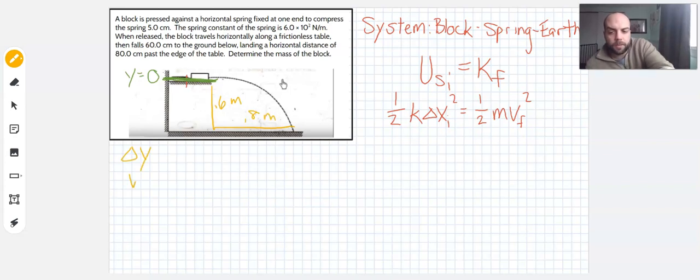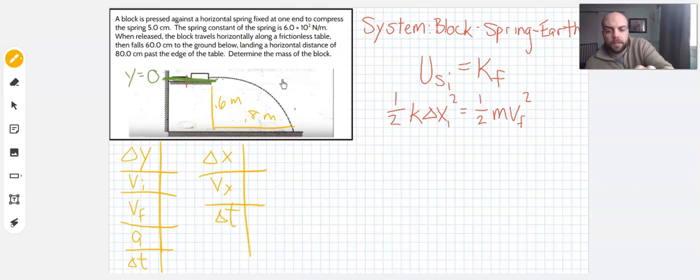And I can say delta y, v initial, v final, a, and delta t. That's everything that's true vertically. And I can also look at what's happening horizontally and look at those unknowns, and I'm going to define positive down and to the right, a totally separate problem than the energy part of the problem.